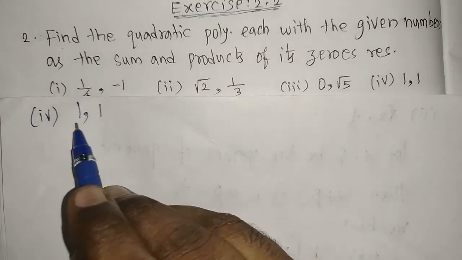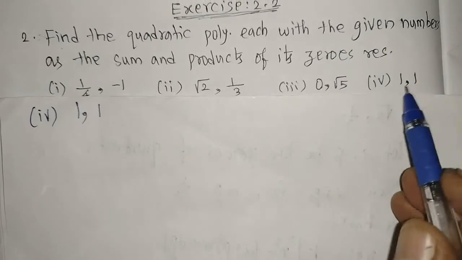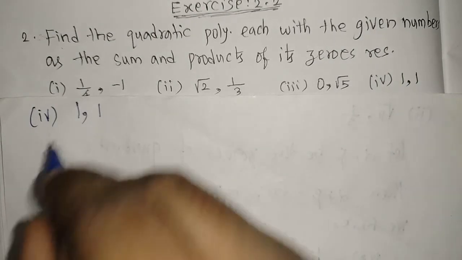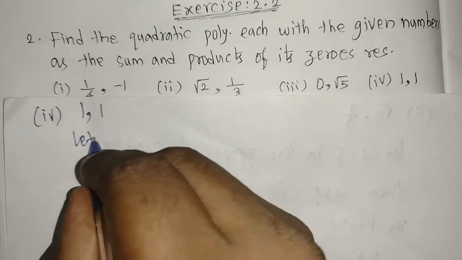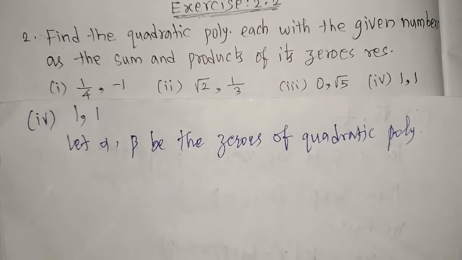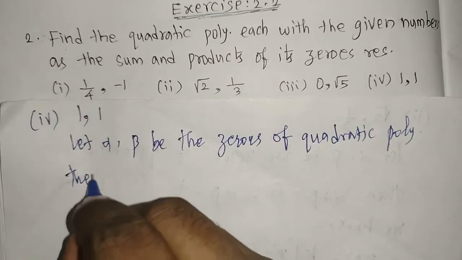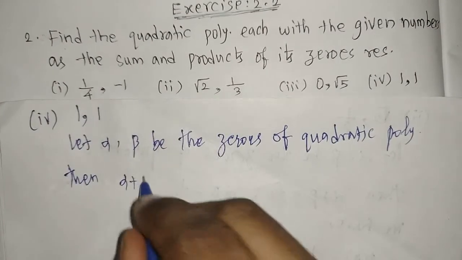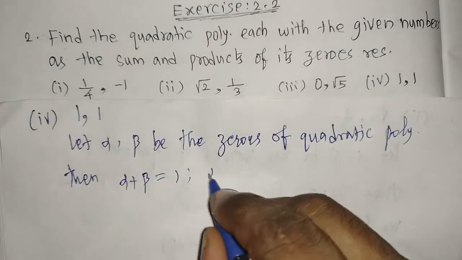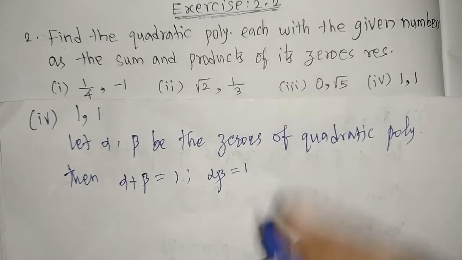Fourth one, 1 comma 4 is given. The first one is the sum of zeros, the next one is the product of zeros, so I'm going to take alpha and beta as the zeros of the quadratic polynomial. Then alpha plus beta is equal to 1, and the product of zeros is also equal to 1.